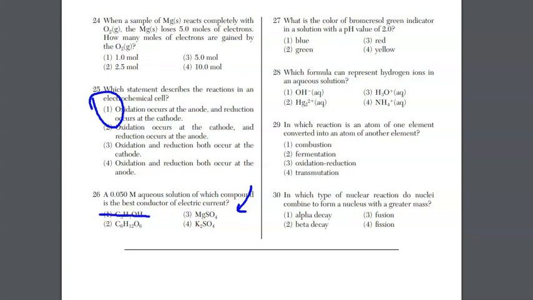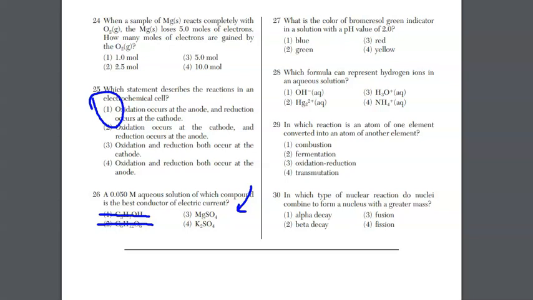Choice 1 is an alcohol that does dissolve in water, but it's not going to break apart into ions. We need moving charges or ions in water, so that's not going to work. And glucose, while it dissolves in water, that's not going to work either.